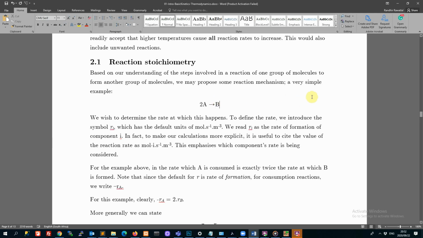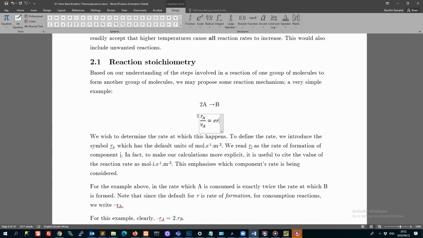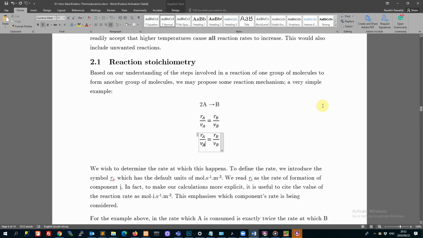So in this case, if we wanted to write RA over nu A equals RB over nu B, then we would write this as RA over -2 equals RB over 1.